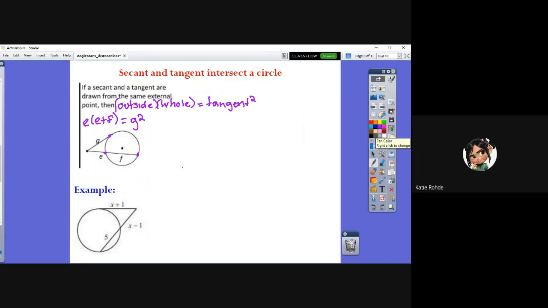So for this one, we know this outside and whole is going to be the same. Our outside for here is x minus 1, but our whole thing is x minus 1 plus 5. So 5 minus 1 is 4. So this whole thing is x plus 4.